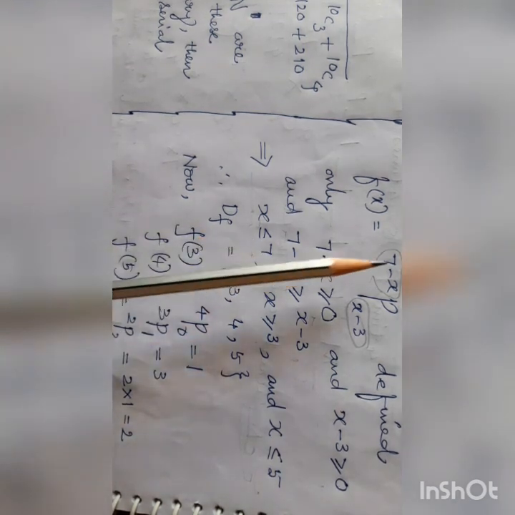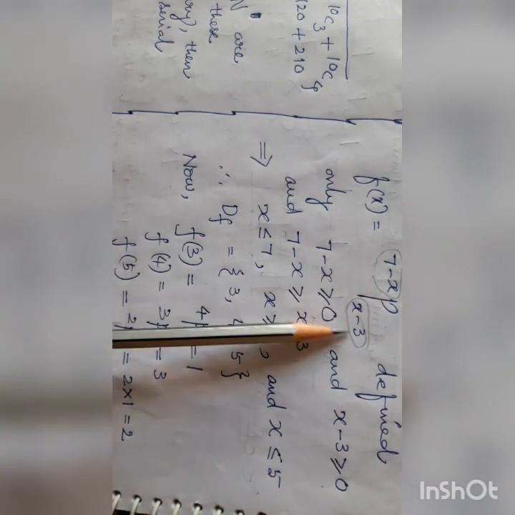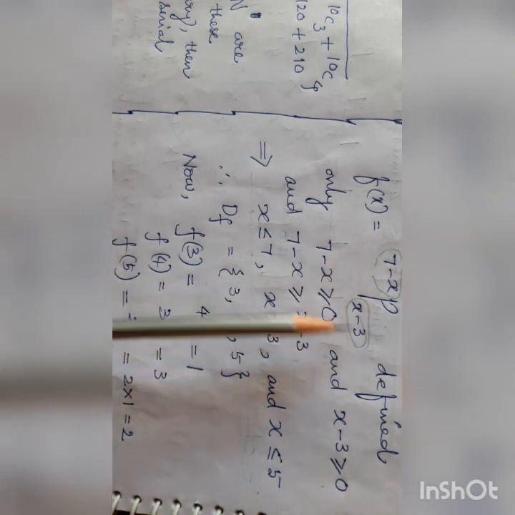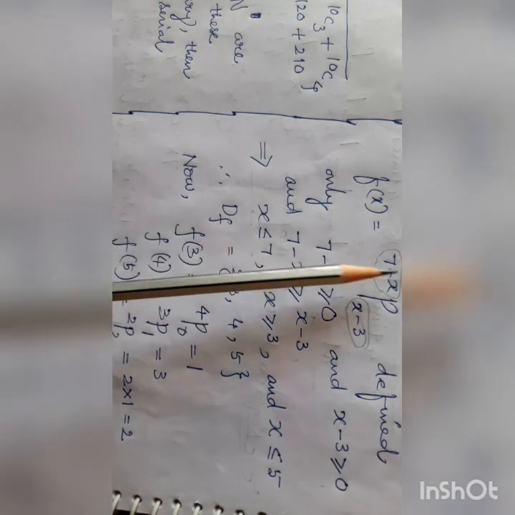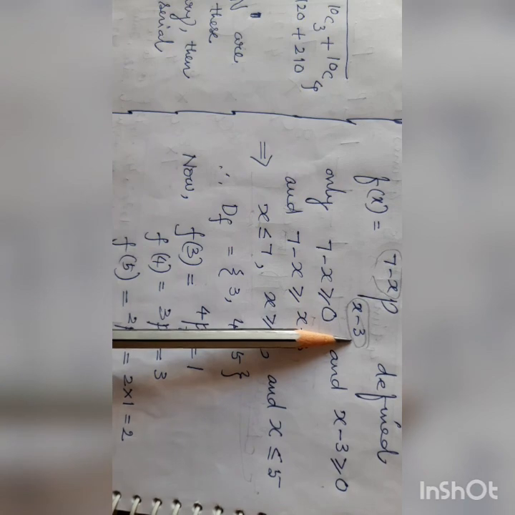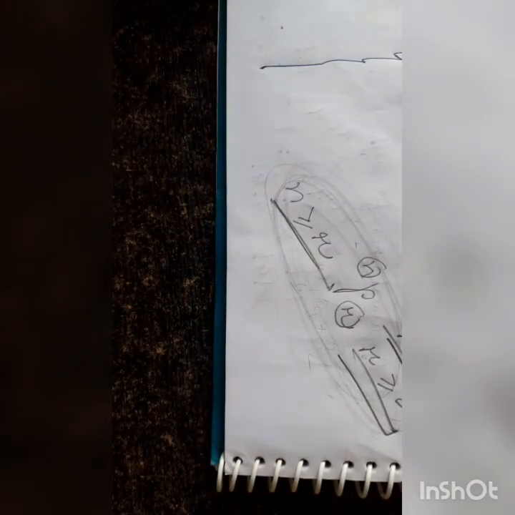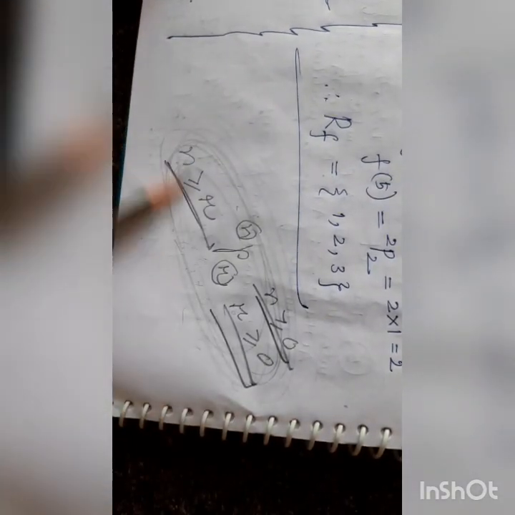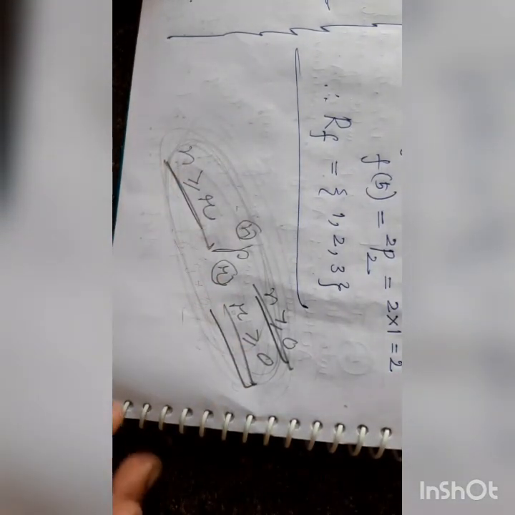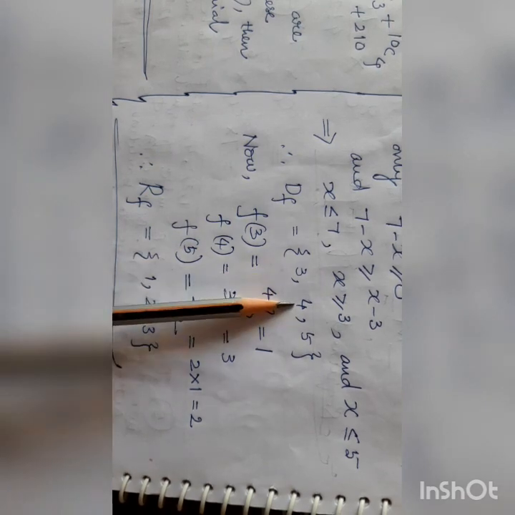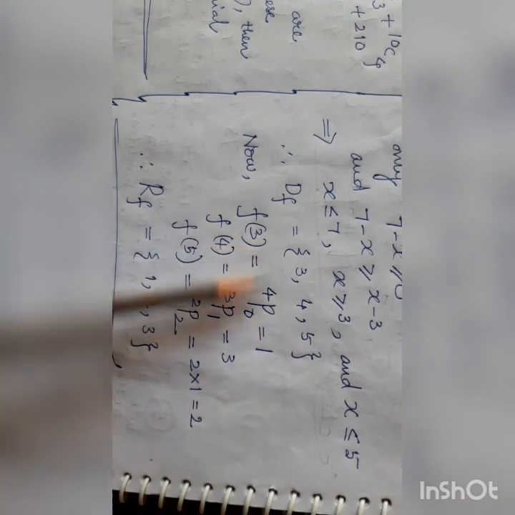If you take 6, 7 minus 6 is 1, 1P3: 1 should be greater, so 1P3 is wrong. If you take 7, 7 minus 7 is 0, 0P4 is wrong, because it should follow our definition. So the domain is 3, 4, 5.